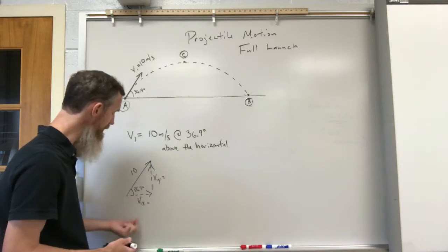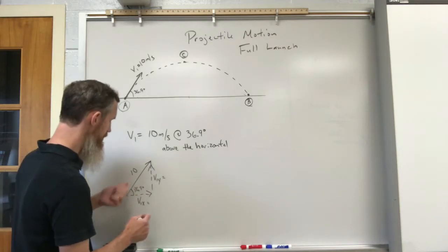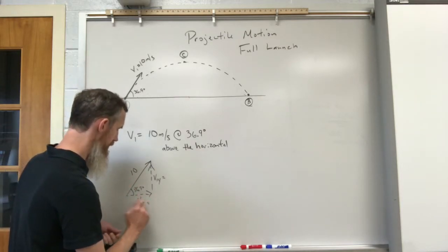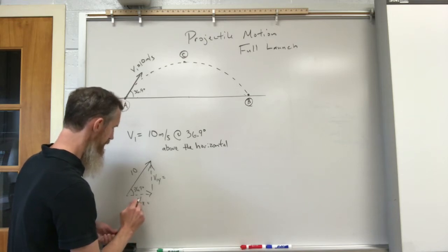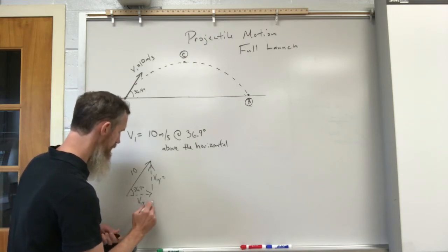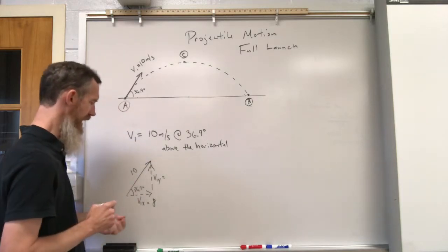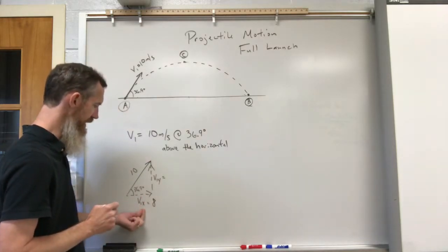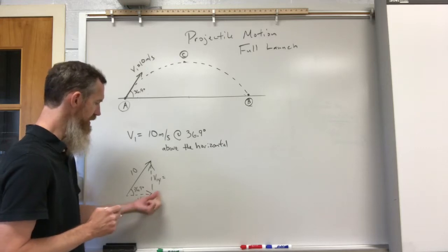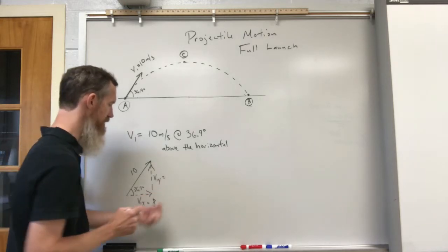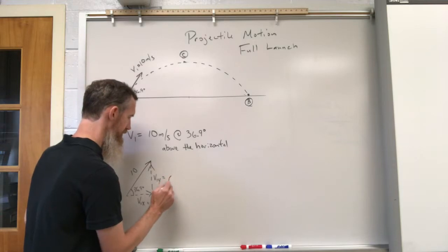And if I do that correctly, I'm going to realize that this particular x velocity should be worth 8. And if that launch velocity is worth 8, then this y velocity should be worth 6.